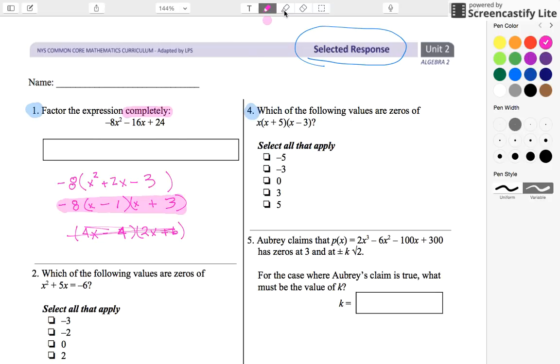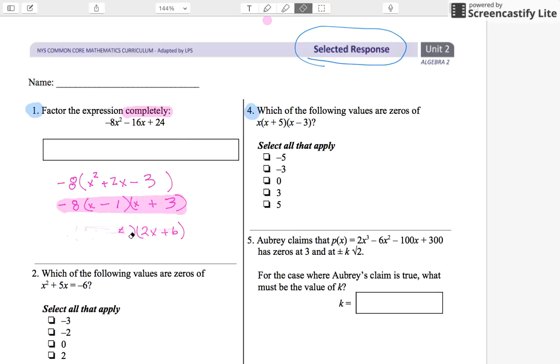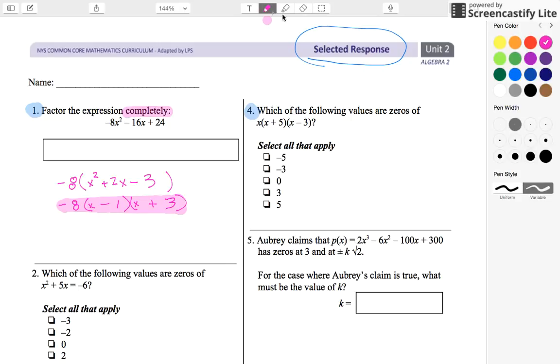And then some people did this. So I'm going to erase this. Some people divided by 8, and then they got this answer, x minus 1 times x plus 3. But whenever you divide by that number, you are supposed to put that number back as a factor.